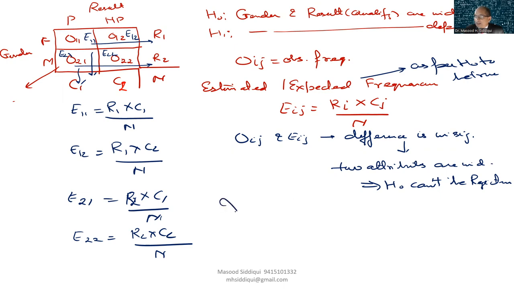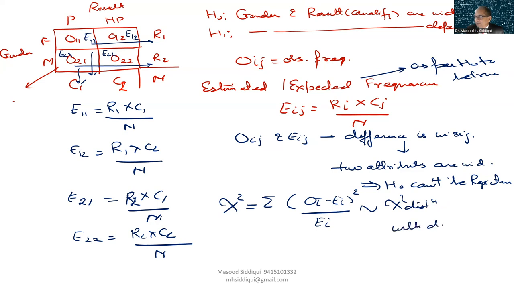So for that, we estimate the chi-square statistic with the formula. This will be repeated for all the cells: OI minus EI whole square divided by EI. This will follow a chi-square distribution with degrees of freedom (R minus 1) into (C minus 1), where R is the number of rows and C is the number of columns.